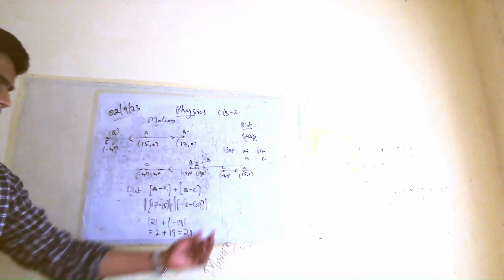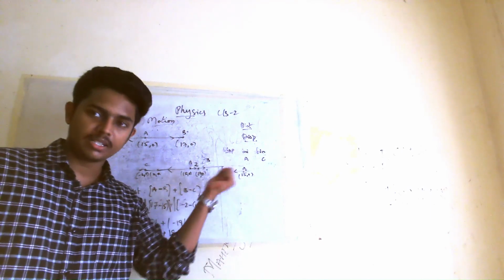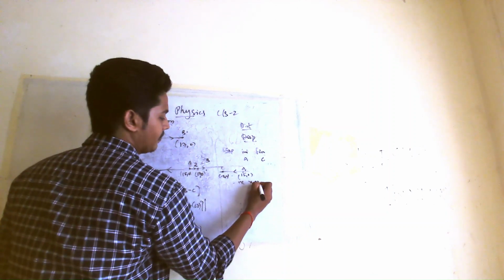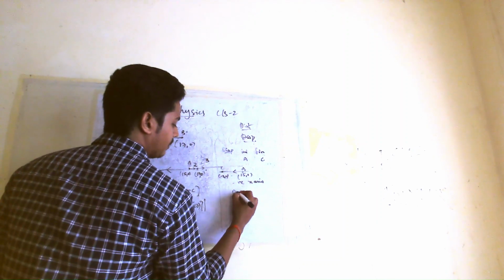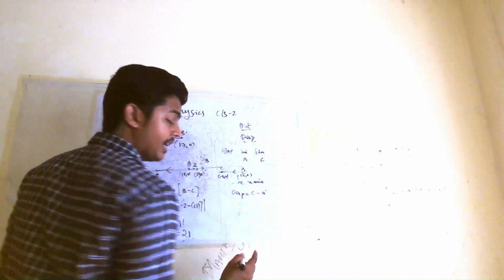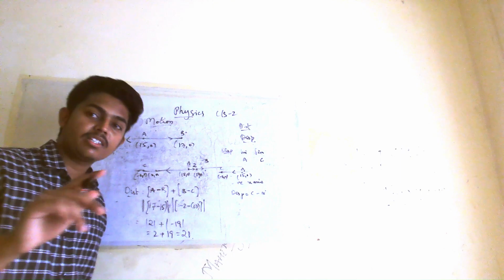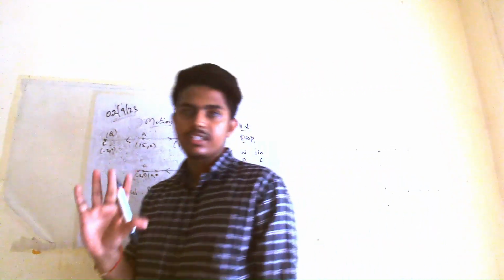Here displacement means the difference between these 2 points. Both are on the same line in a single direction, the negative x-axis. So displacement is point C minus A. Here you don't take the magnitude because displacement can be positive, negative, or zero. It may be anything. It's not any fixed value.